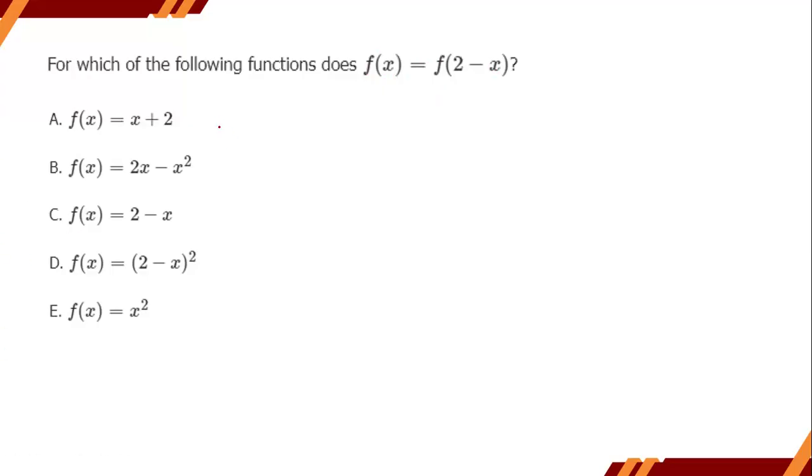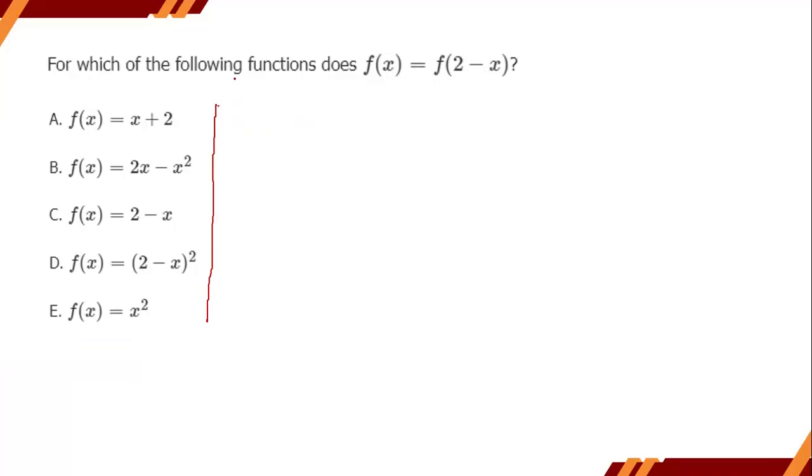So first, let us work with the variables only, right? So here we already have f of x. We need to figure out what will be f of 2 minus x, right? So, okay, just a minute. So this is f of 2 minus x. I will put it here.